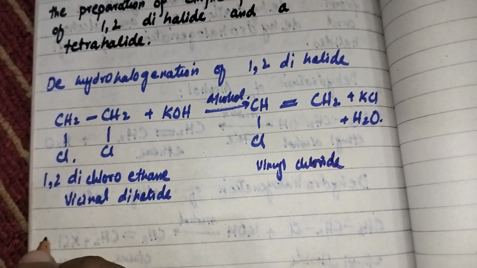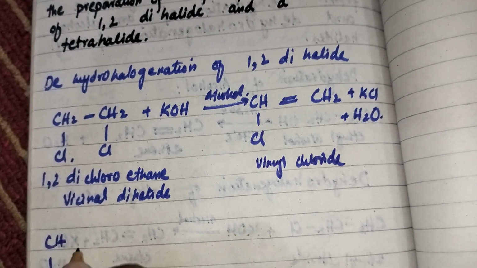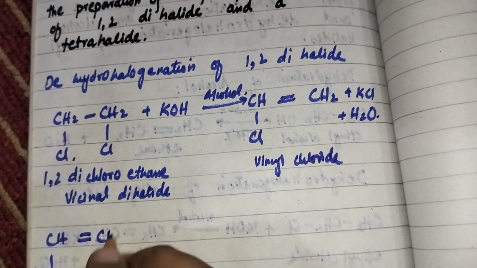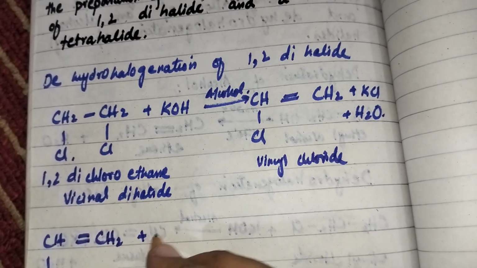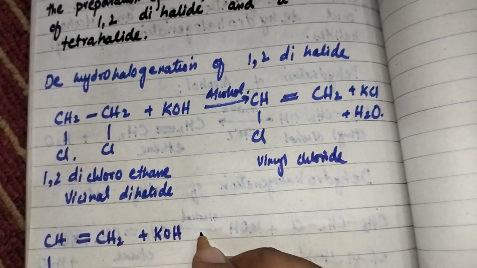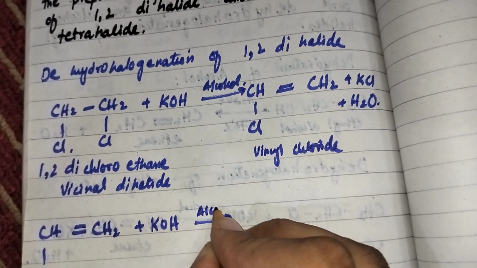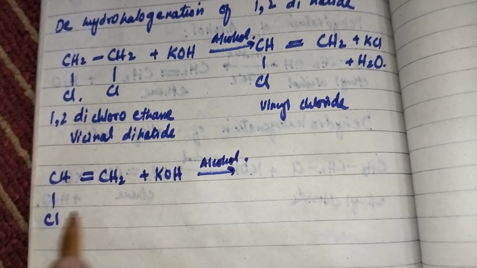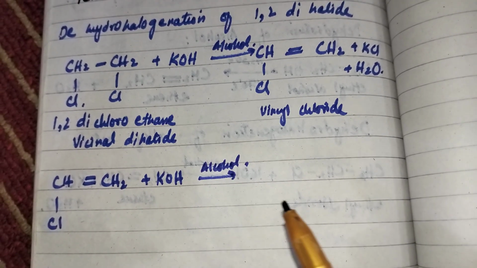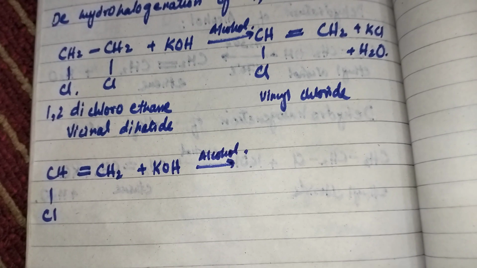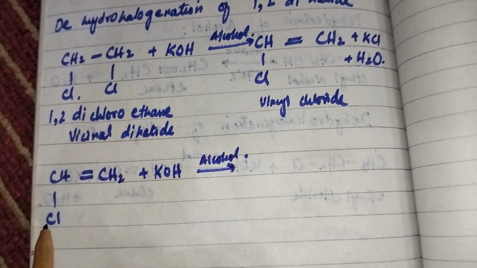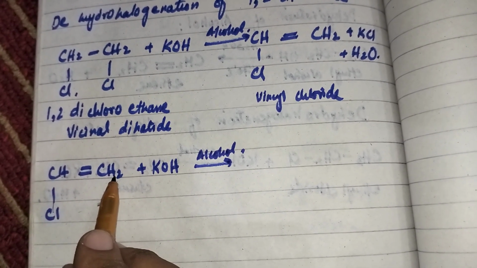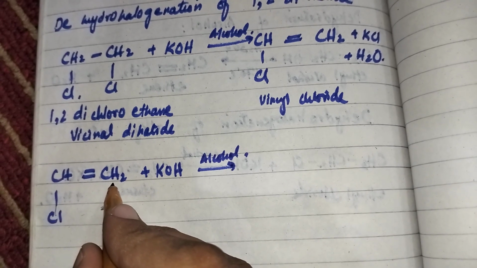Then again, vinyl chloride, CHCl double bond CH2, is reacted with KOH in the presence of alcohol, or we can say alcoholic KOH. Again this process is dehydrohalogenation. You have to remove the hydrogen and the halogen. So the halogen will be removed from this carbon and the hydrogen from the other carbon.